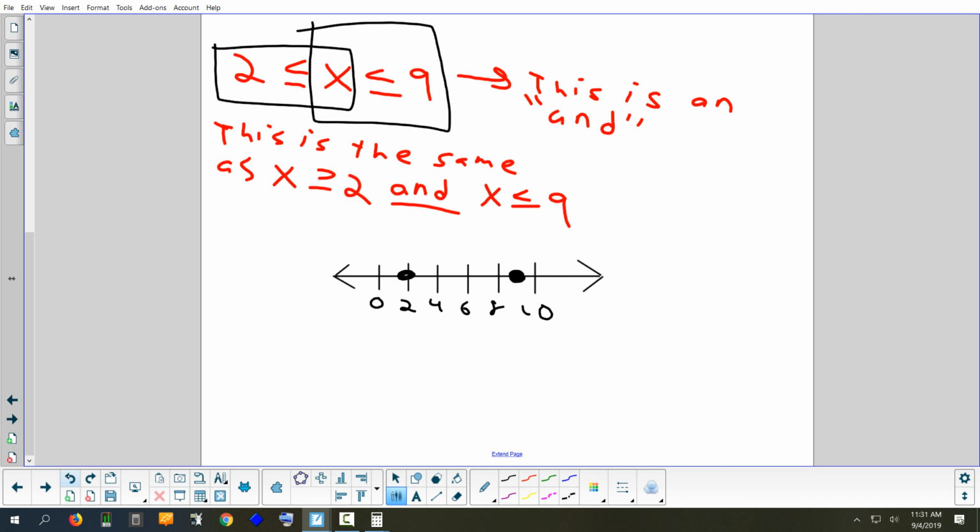So it's not really left or right. Where would we shade here? In the middle. Whenever you have a conjunction, it's the only time you don't draw an arrow. You just end up shading between. Okay? Any questions on that? It's one kind of one-dimensional graphing on a number line.